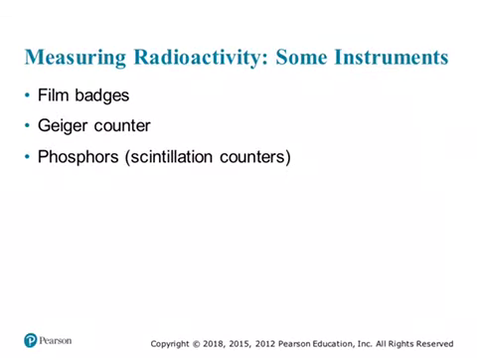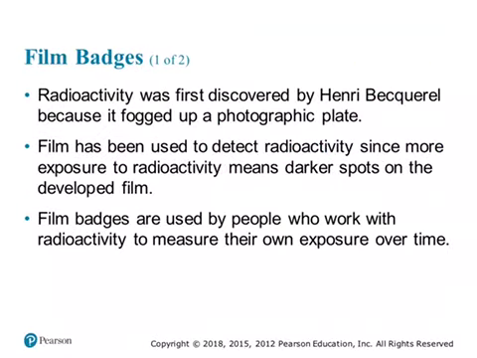You've probably heard of a Geiger counter. We talked about that in Regents Chem, and that's the most popular way of measuring radioactivity. But we can also use what's called film badges and phosphors, or scintillation counters. As I said, Henry Becquerel first discovered evidence of radioactivity, and it was because of the radioactivity producing a fog on a photographic plate.